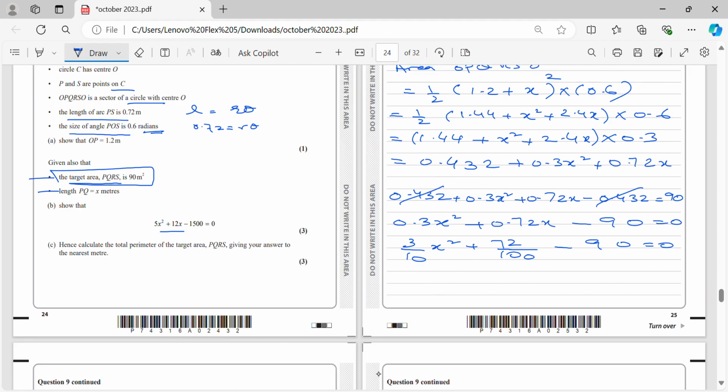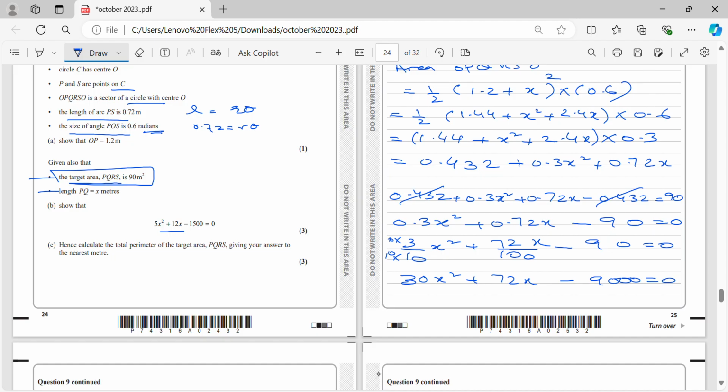So times by 100, times by 10 to make equivalent fractions. So this is 30x squared plus 72x minus 90 multiplied by 100 is 9000 equals 0.